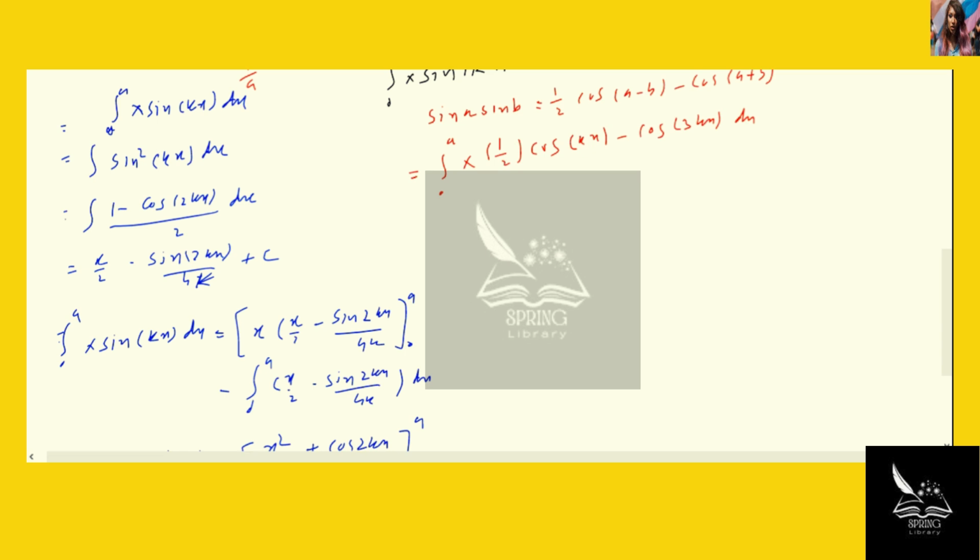So therefore this becomes equal to 1 out of 2 into x into (sin kx out of k minus sin 3kx out of 3k) with the limit from 0 to a, minus the integral from 0 to a of (sin kx out of k minus sin 3kx out of 3k) dx.